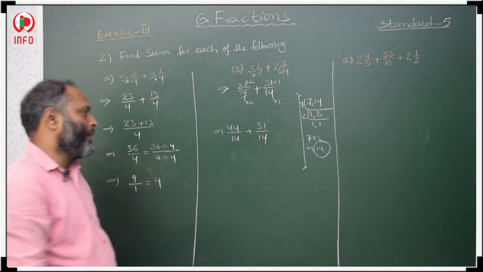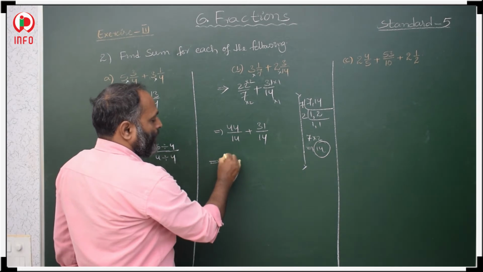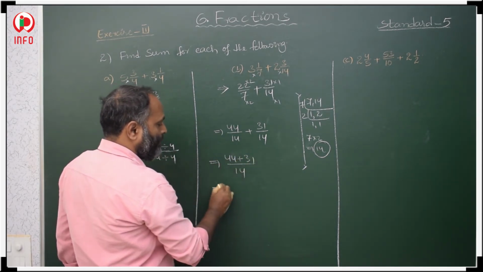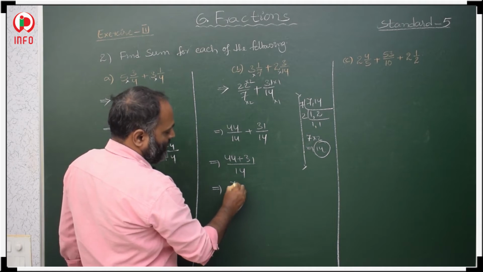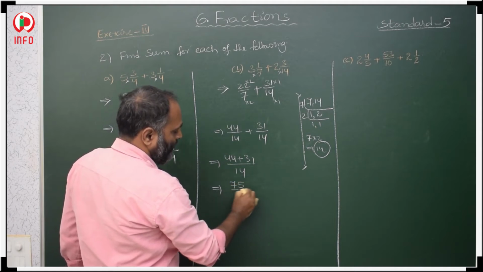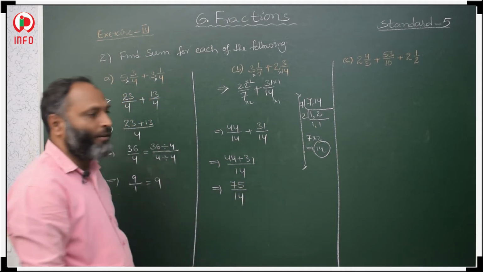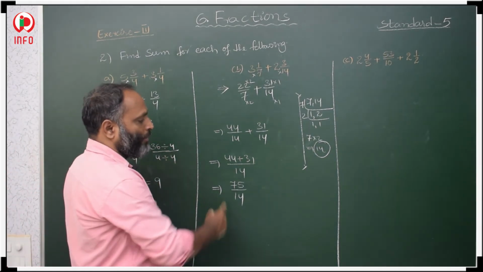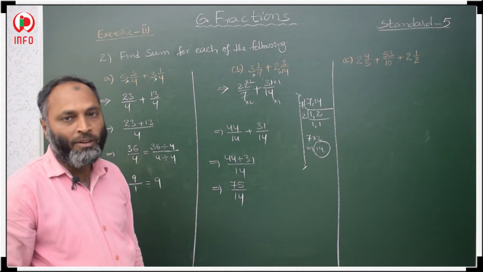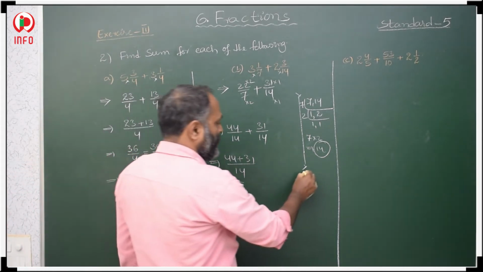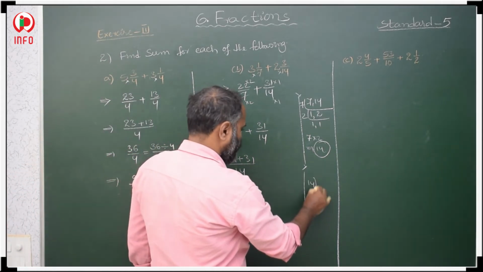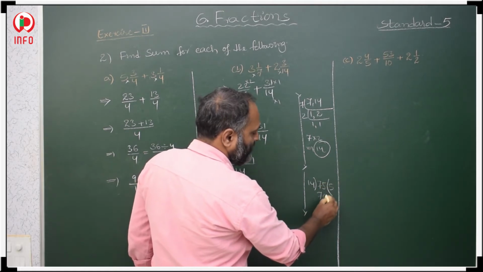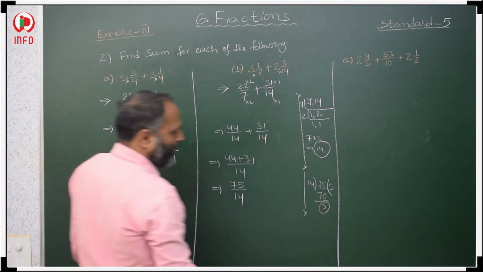Now add the numerators. The sum of numerators is 44 plus 31 by 14. 44 plus 31 is 75 by 14. Now this is an improper fraction. We have to convert this improper fraction into a mixed fraction. 14 divides 75. 14 5s are 70. 5 is the remainder.